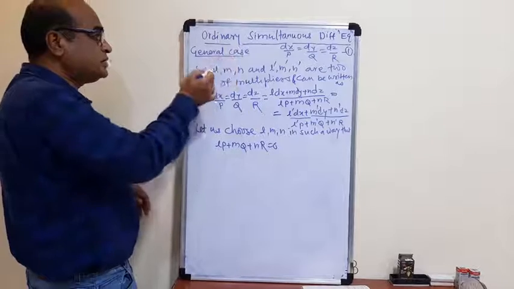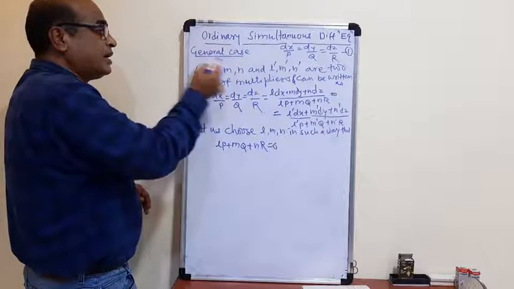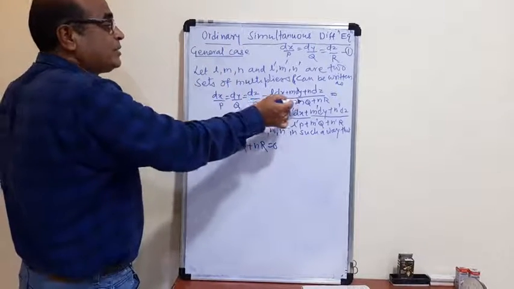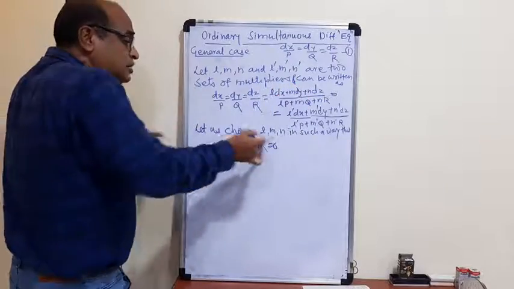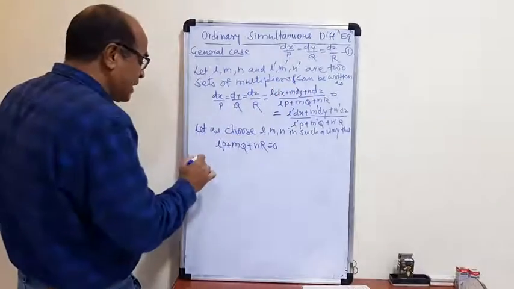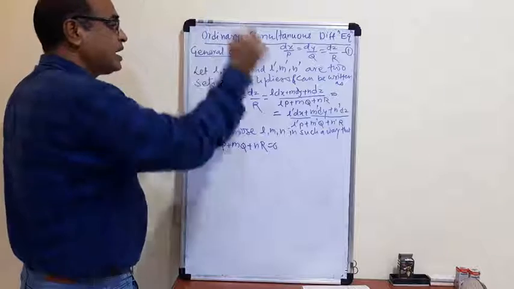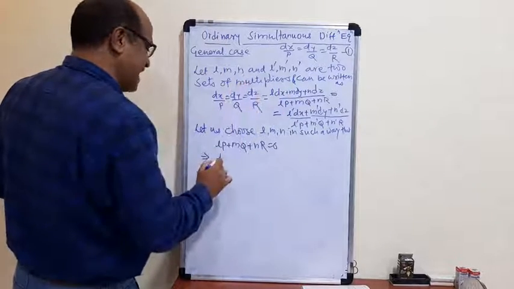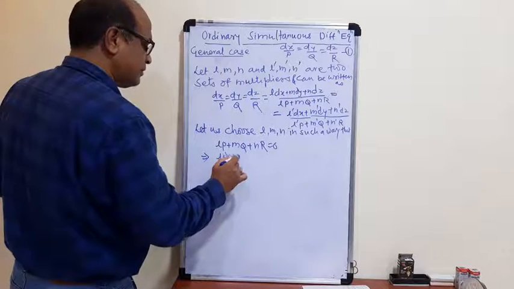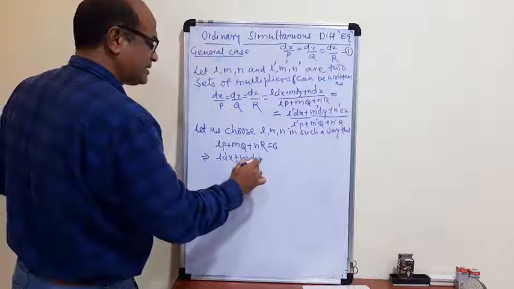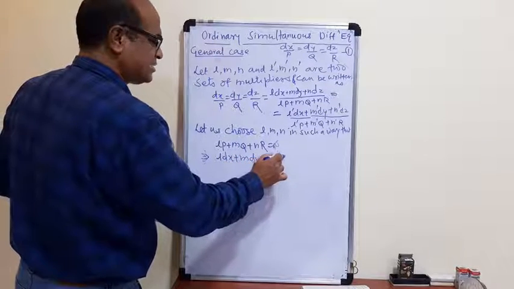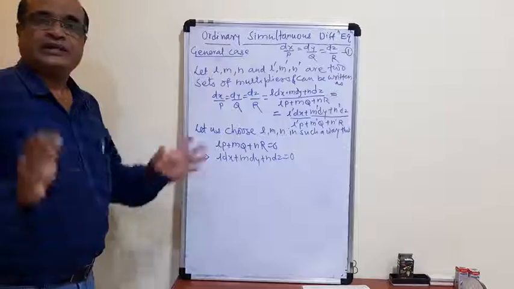So we choose L, M, N such that LP plus MQ plus NR is equal to 0. Therefore the numerator is also 0, so L dx plus M dy plus N dz is equal to 0. So we get a very simple equation.